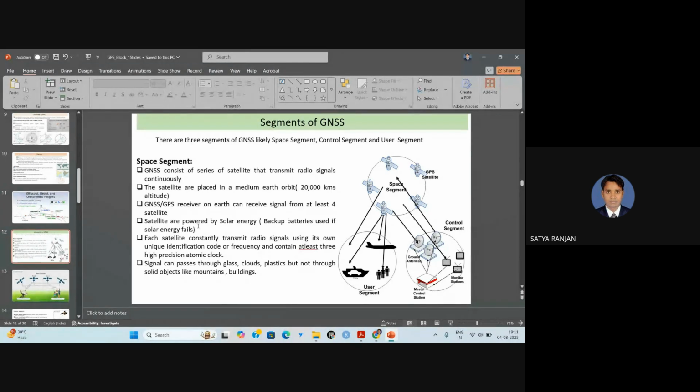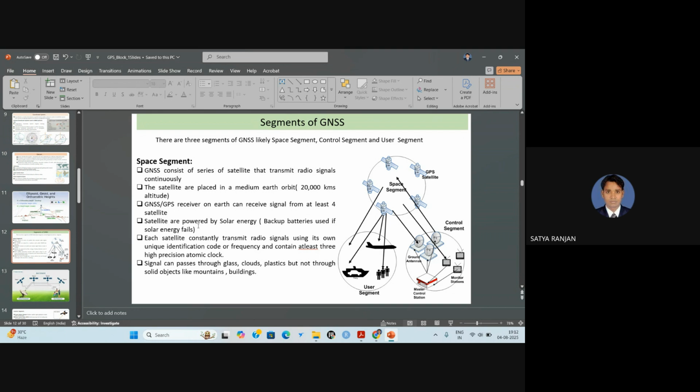Then a GNSS GPS receiver on Earth can receive signals from at least four satellites. So for the accuracy of our position, we use information from four satellites from different directions, not from one direction. Then satellites are powered by solar energy, and if solar power fails, then backup batteries are used to power them.